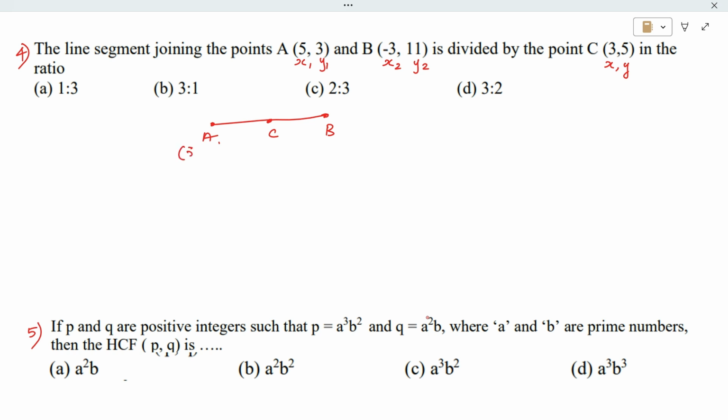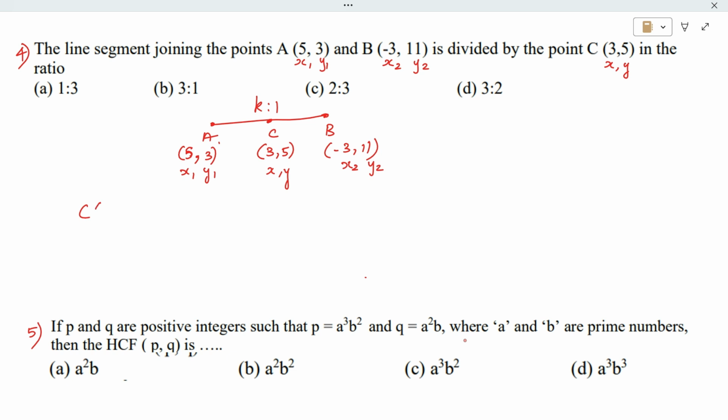So A is 5, comma 3, B is minus 3, comma 11 and C is 3, comma 5. So I'm just plotting the coordinates x1 y1, x2 y2 and x comma y. In order to find the ratio, I am just making the ratio as k is to 1.